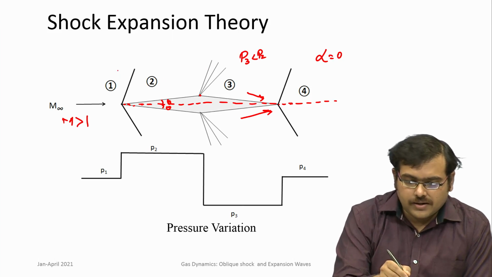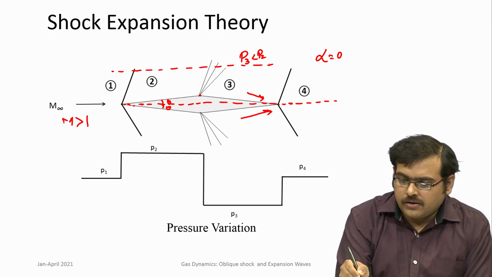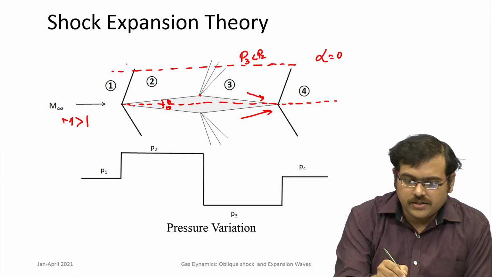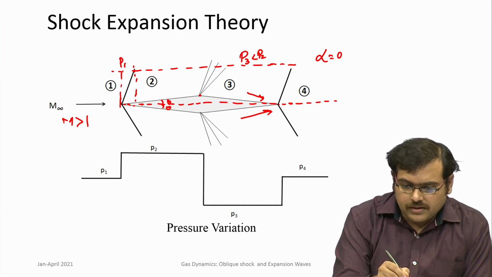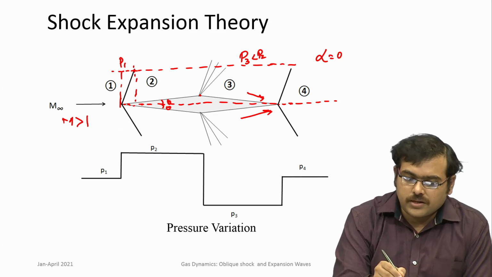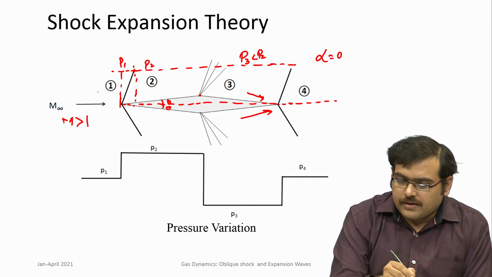So, if you consider a line here in the free stream, the pressure remains P1 until this particular point, that is actually well behind the leading edge. The leading edge would have passed into the flow, but the pressure will remain P1 until it encounters the oblique shock.